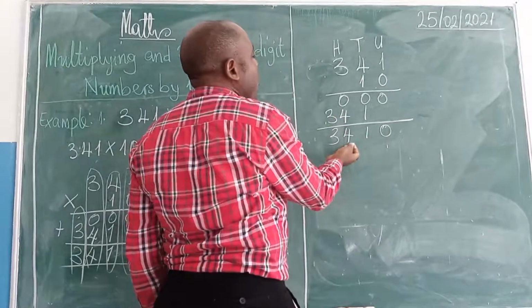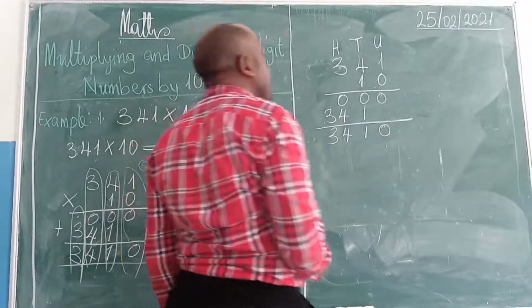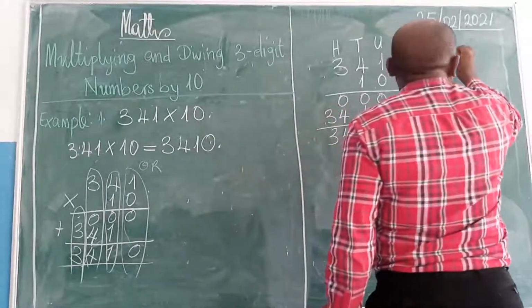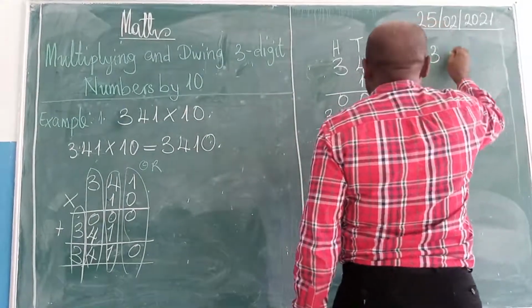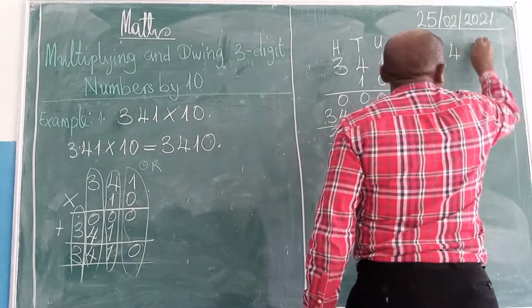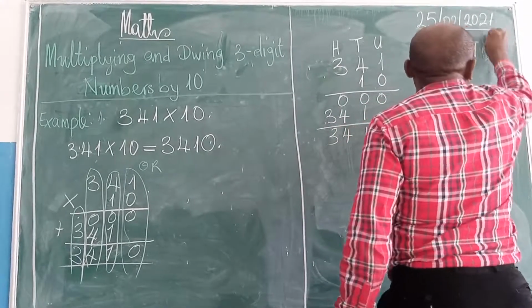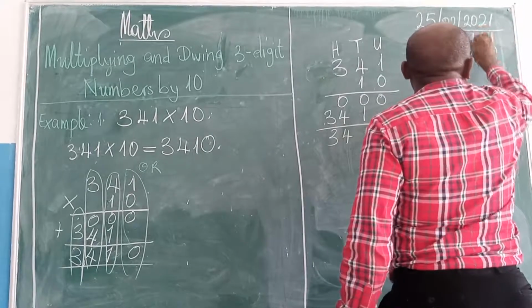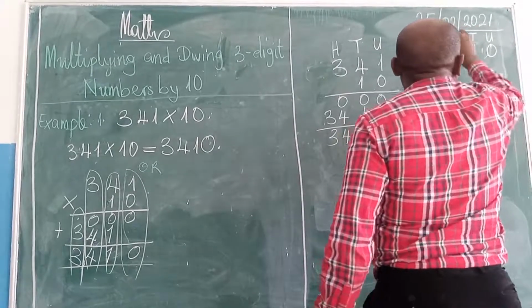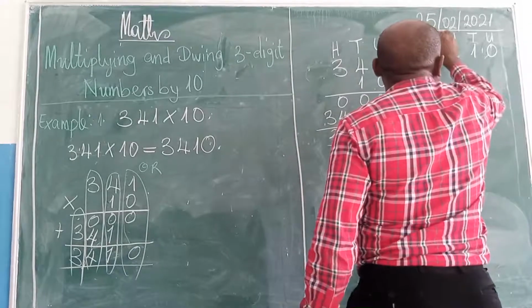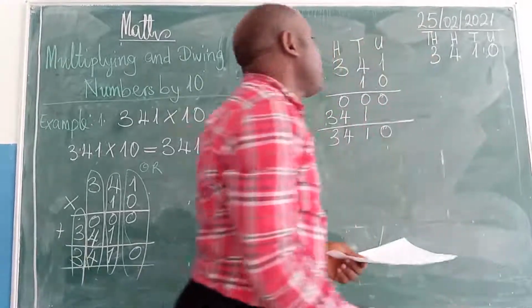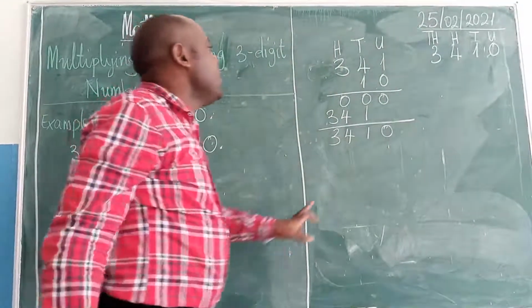So if I want to put this under tens and units, I will have 3, 4, 1, 0. This will be unit, tens, hundred, thousands. So what is happening?